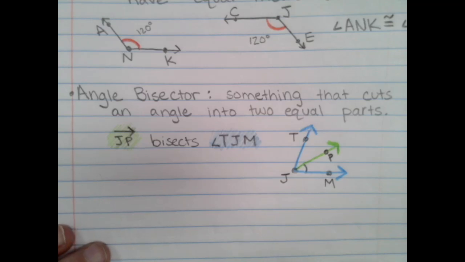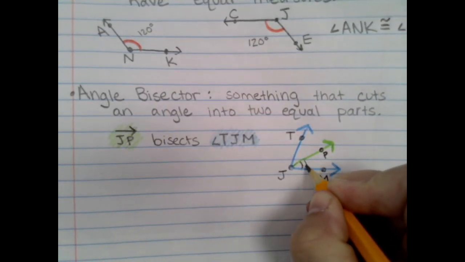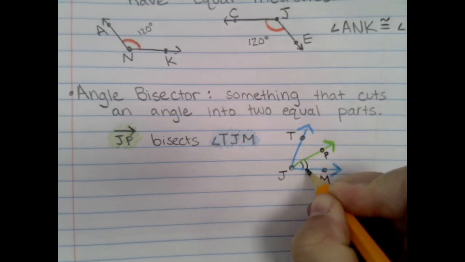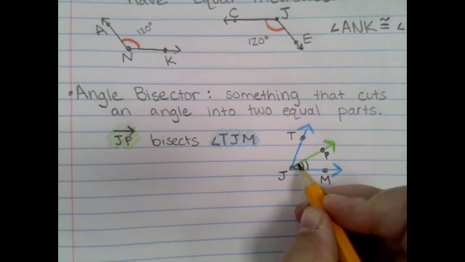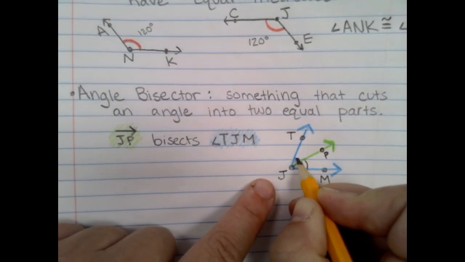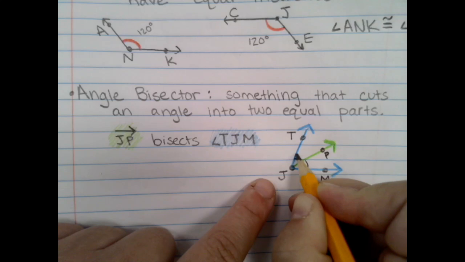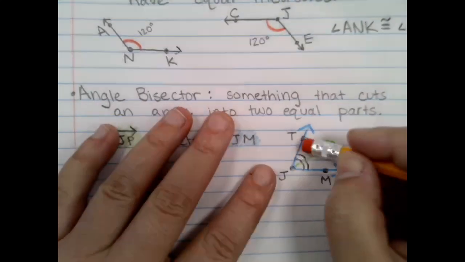And sometimes if we have lots of angles in our picture, we'll use 2 arcs. So that way the 1 matches with the 1, the 2 matches with the 2, the 3 matches with the 3, so on and so forth. And then I'm going to do 2 arcs here. Now when they're next to each other, sometimes we like to stagger them so that they don't look like all one thing.